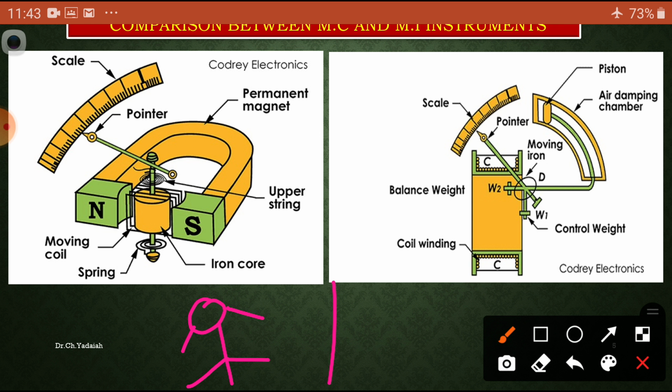And this moving iron instrument I assume as my son. So what has happened here? My God, girls are always delicate and sensitive, whereas the son is always robust.